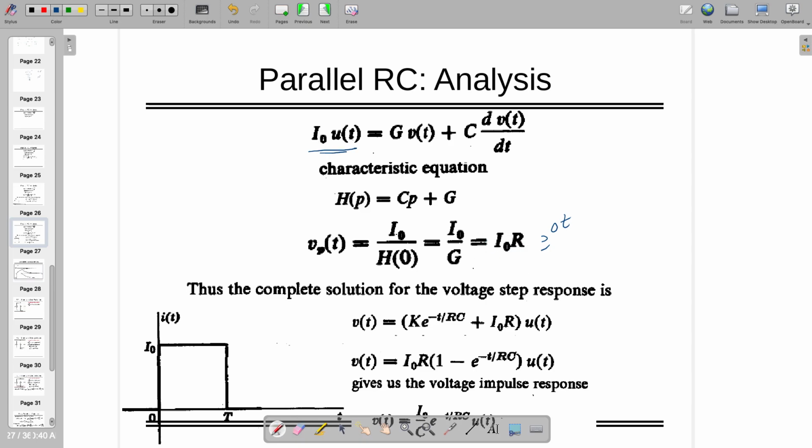The input is I0 times u of t, so it will be I0 times e raised to 0t. So I0 divided by h of 0. In this characteristic equation, replace p with 0, which will give you only g. So I0 divided by g, that is I0 times R. That will be the particular integral.